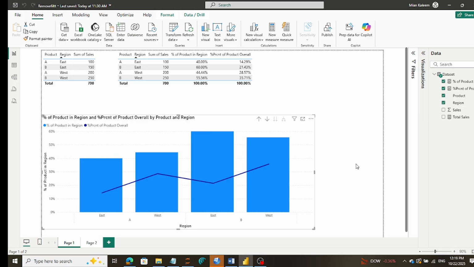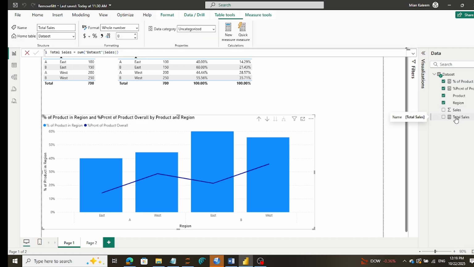Let's first dissect what measures we need to create. Number one is the base measure, which is total sales, the total of all of these.